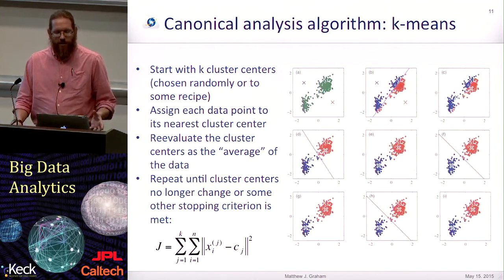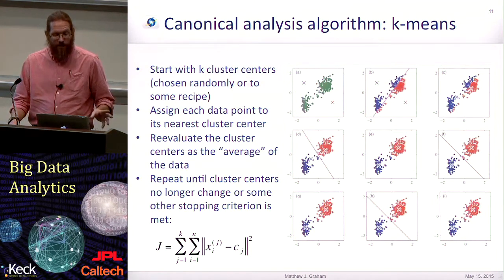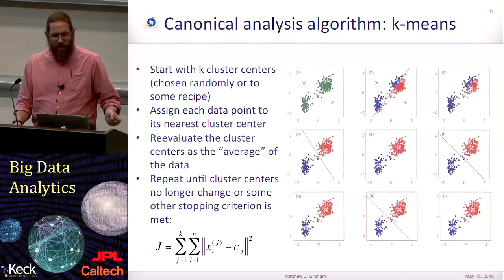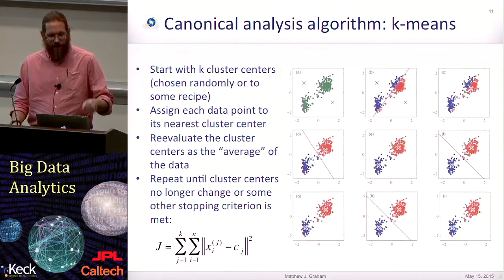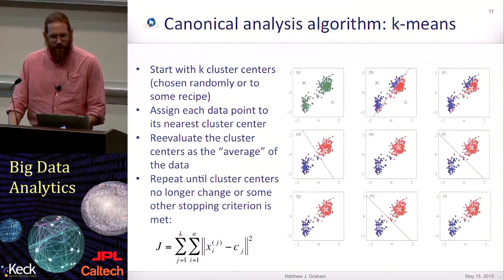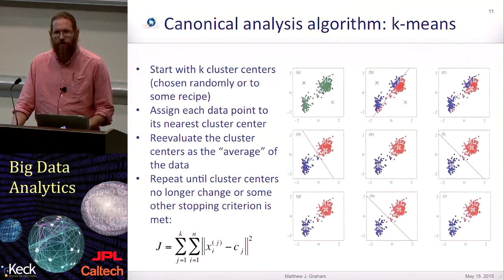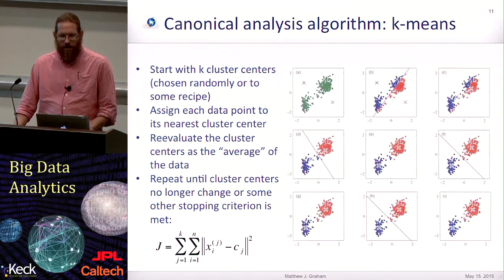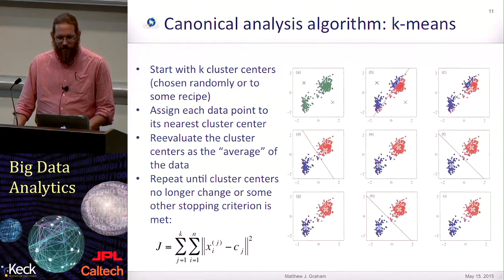You then reevaluate the cluster centers as the average of the data that you have, and you keep repeating this, assigning each data point to its nearest cluster and reevaluating the cluster centers until the cluster centers don't change, or some stopping criterion has been met, that you have reduced or maximized some loss function or weight function, something like that. So you can run that serially in that fashion, and it will take an amount of time.